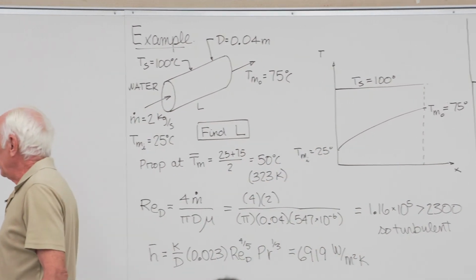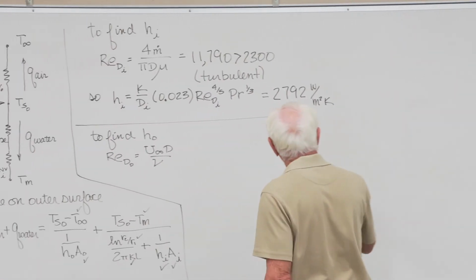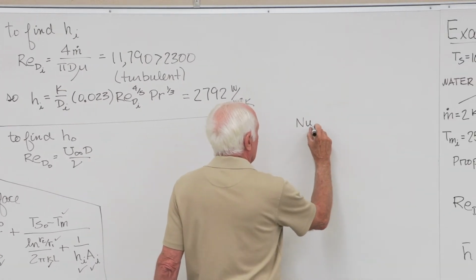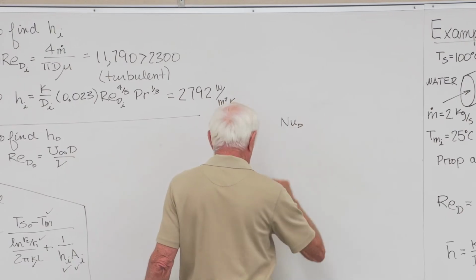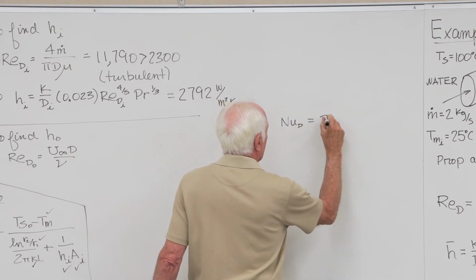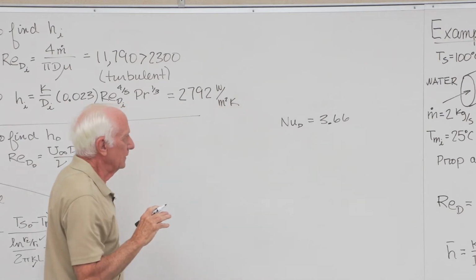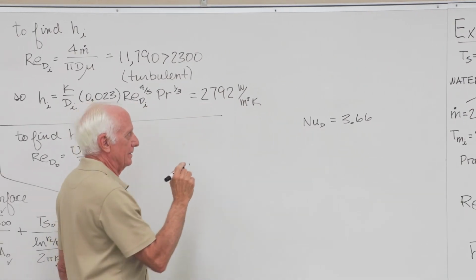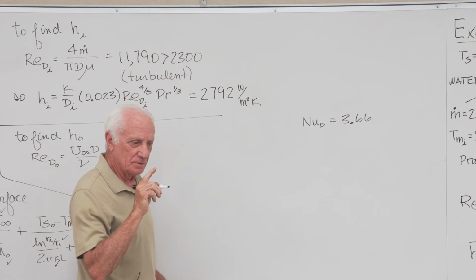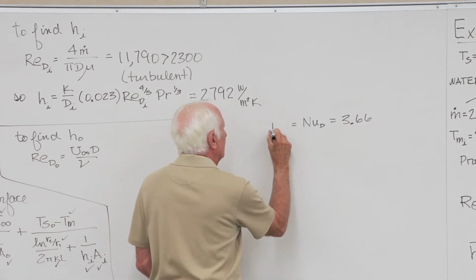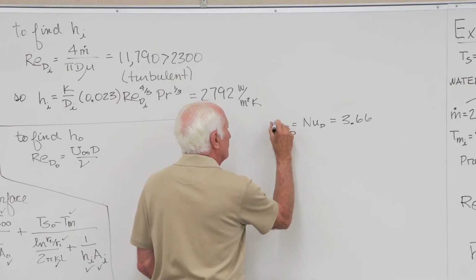Similar to laminar flow, Nusselt number 3.66, okay? It doesn't specifically say it in the book, but it's the same thing as Nusselt number with a bar over it.